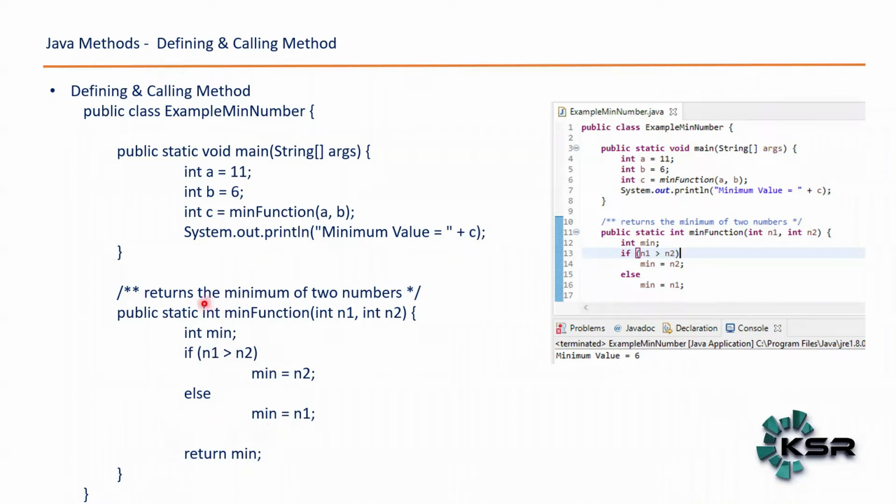Okay, so whatever minimum has been assigned, whether by this condition or that condition, we are going to return to this particular integer. So see here, the minimum is an integer, and whatever we are returning has to be the same. You cannot say that here it is int and the returning data type is float. But the other way around is okay. It's similar to what we discussed about widening.